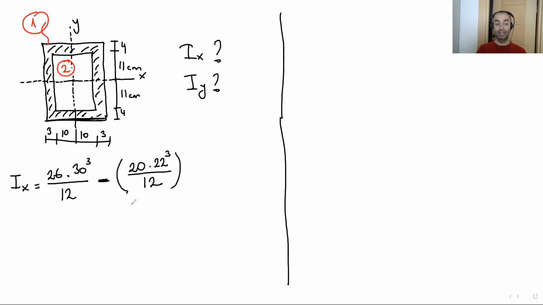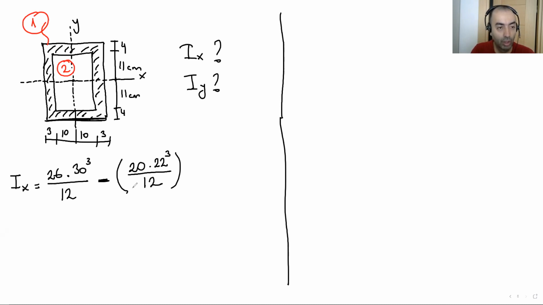Again, I don't need to transfer any moment using the parallel axis theorem, because the local centroid of these rectangles coincides with the global x and y axis system.